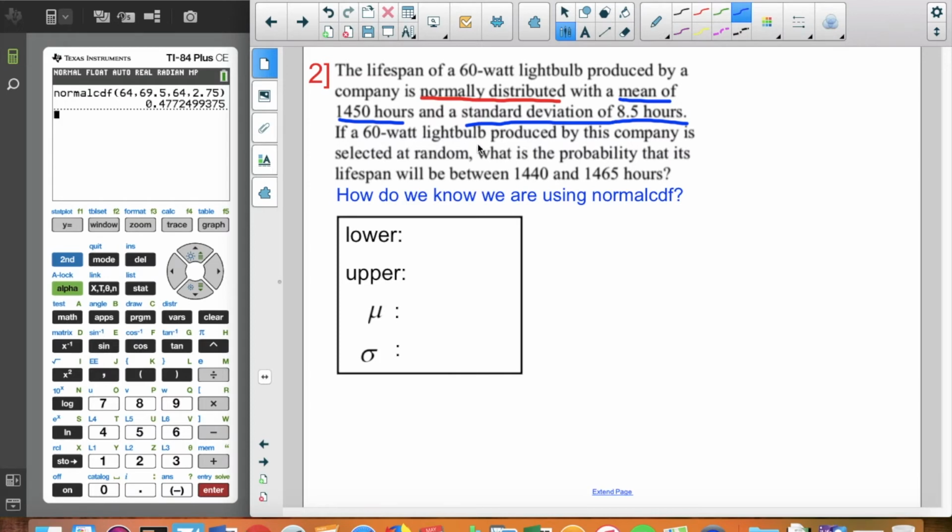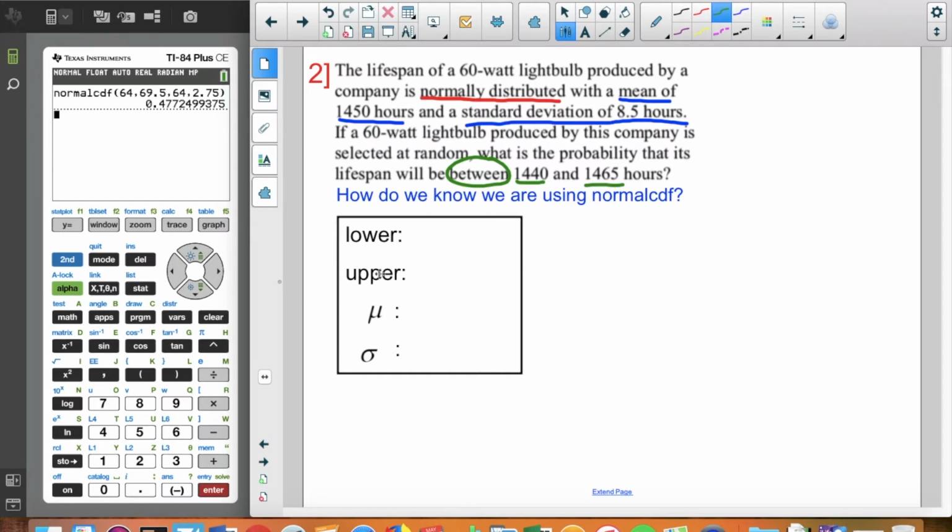Okay, if a 60-watt light bulb produced by this company is selected at random, what is the probability that its lifespan will be between, so that's asking for an interval, 1,440 and 1,465 hours. So since it has between, that's how we know we're using normal CDF, because it's giving us an interval and it is normally distributed.